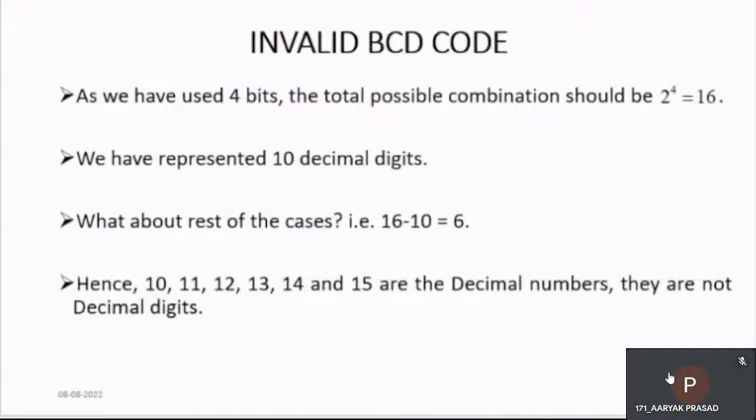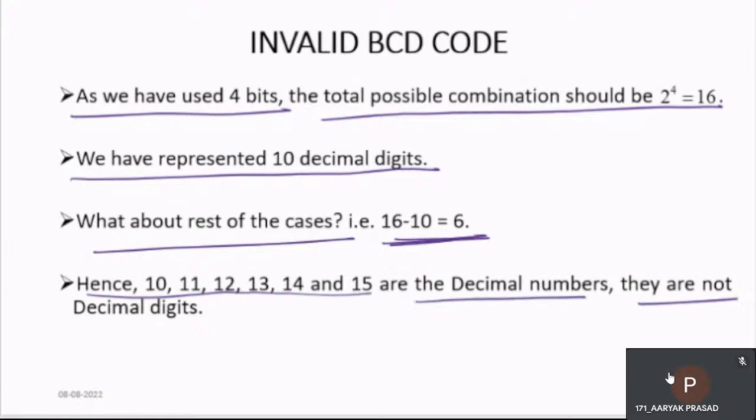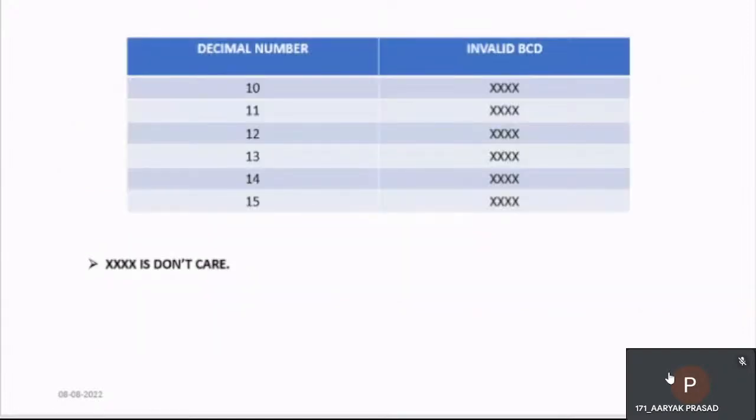Now, invalid BCD code. As we have used 4 bits, the total possible combinations will be 16. We have represented 10 decimal digits. What about the rest of the cases? Means 6. Hence, 10, 11, 12, 13, 14, and 15 are decimal numbers. They are not decimal digits, which I have already explained.